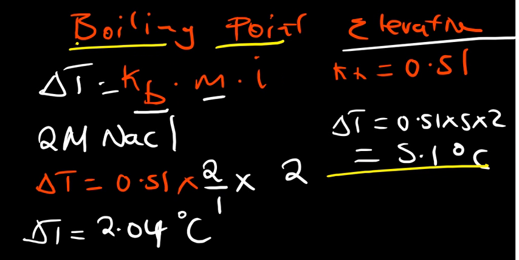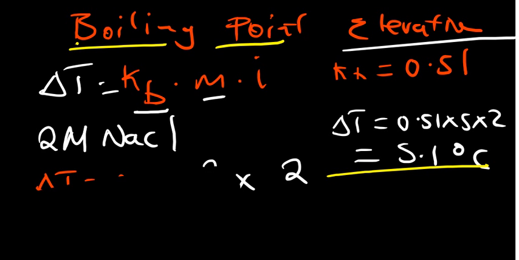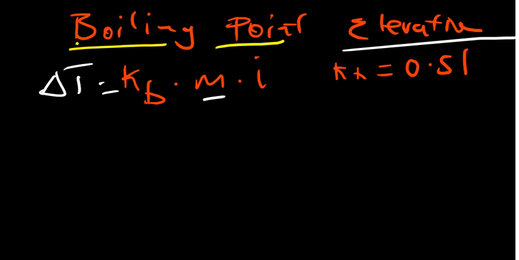Finally, let's talk about freezing point. Just before I move on to the freezing point depression, I need to emphasize the formula. The change in temperature: there may be some cases where they give you the Kb, the concentration and the Van't Hoff factor, depending on the salt, and then ask you to determine the new boiling point after adding a salt to a solvent.